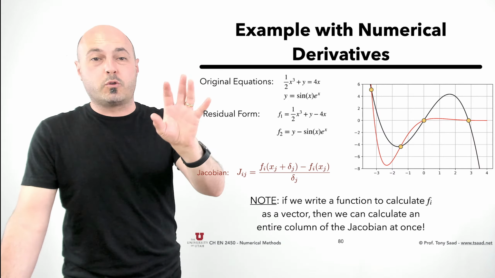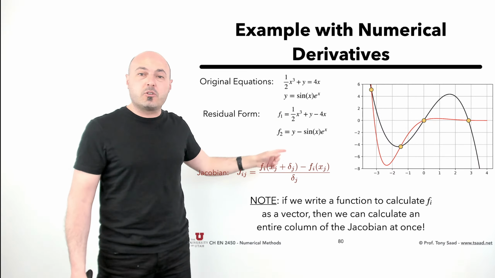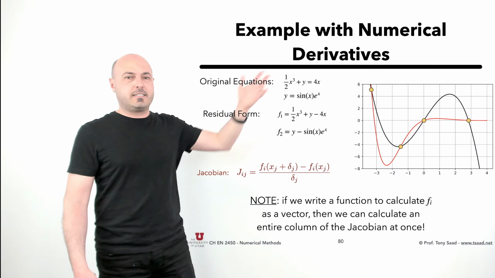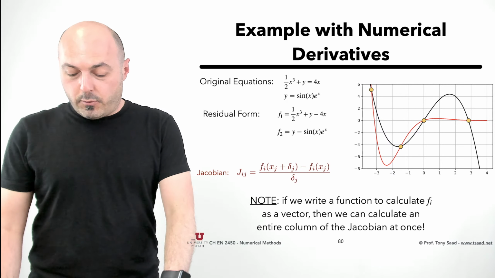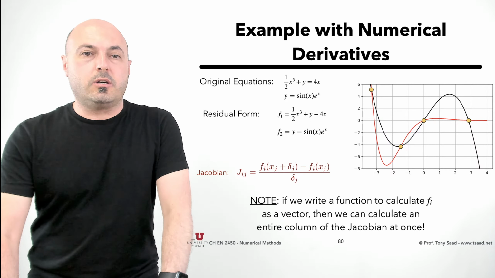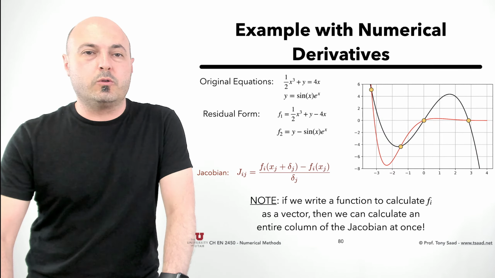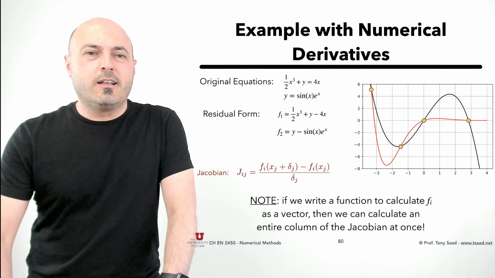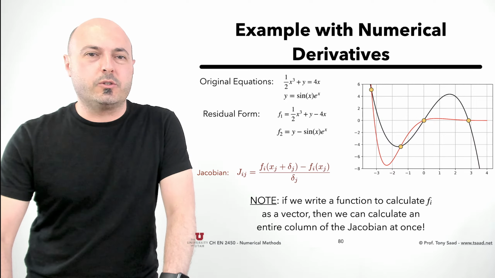All you have to do to solve a system of nonlinear equations is simply give it a vector of residual functions and a vector of initial guesses, and it's going to find the root for you. Okay? And with that, I will end the discussion on nonlinear solvers. I'm going to switch back to Zoom, have a quick discussion, and then we'll switch to our final and very important chapter on ordinary differential equations.